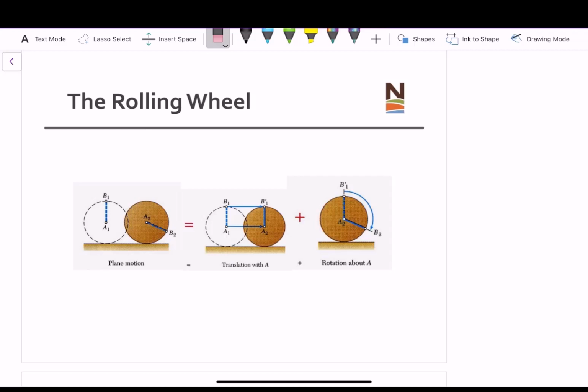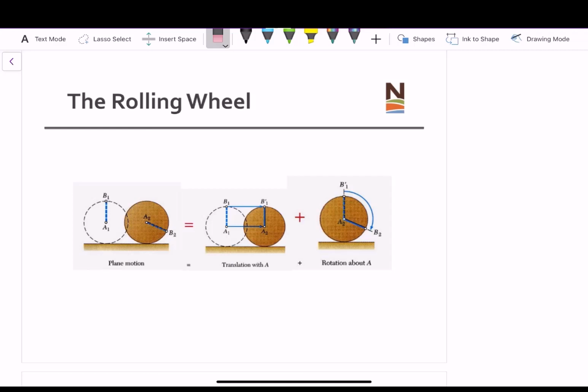As we saw in the previous video, we know that motion can be divided into both translation and rotation. So we see here in the middle picture that A1 translates to A2 and B1 translates to B2, or B1 prime in this case.